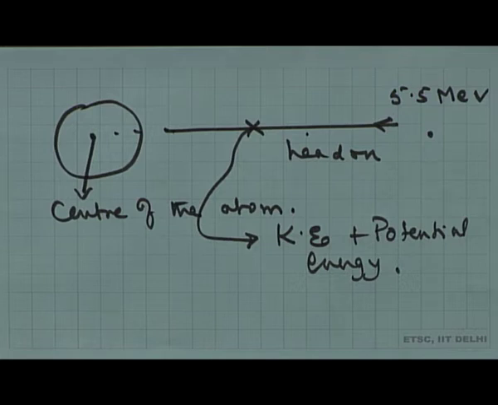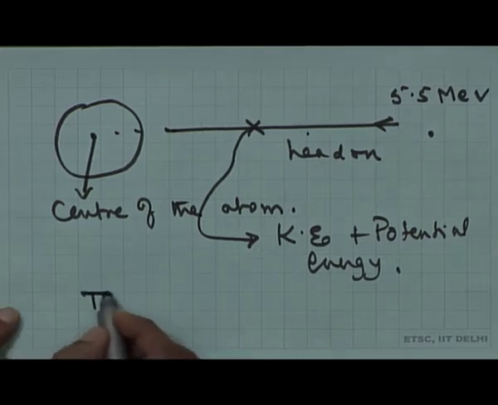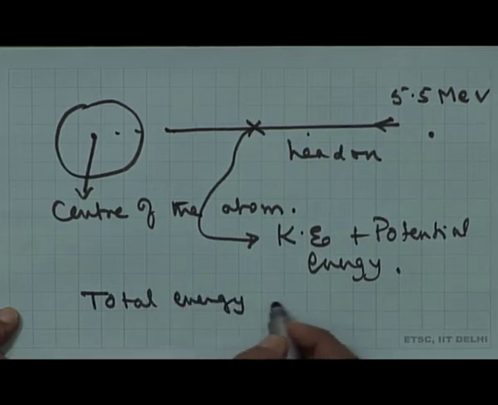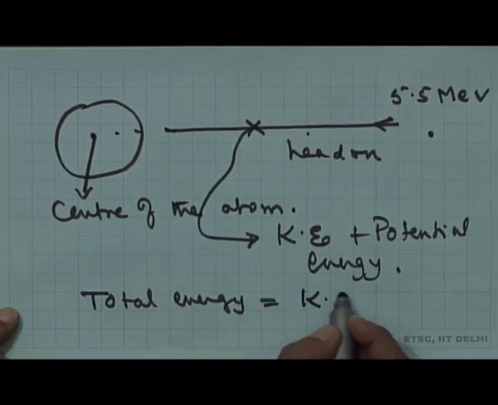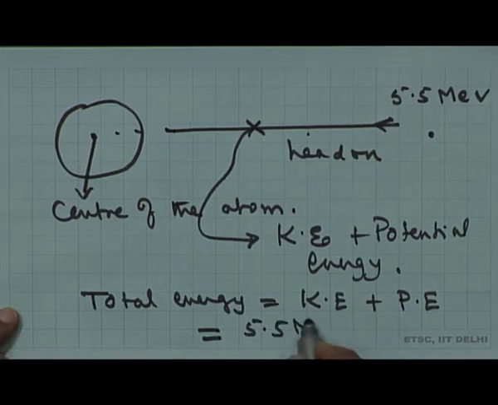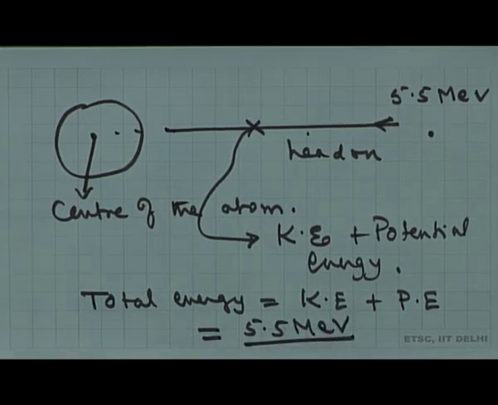All of you know that in the field produced by the charges, the total energy is conserved. Therefore, total energy, which is equal to kinetic energy plus potential energy, is equal to 5.5 MeV. Always, wherever the charged particle may be.